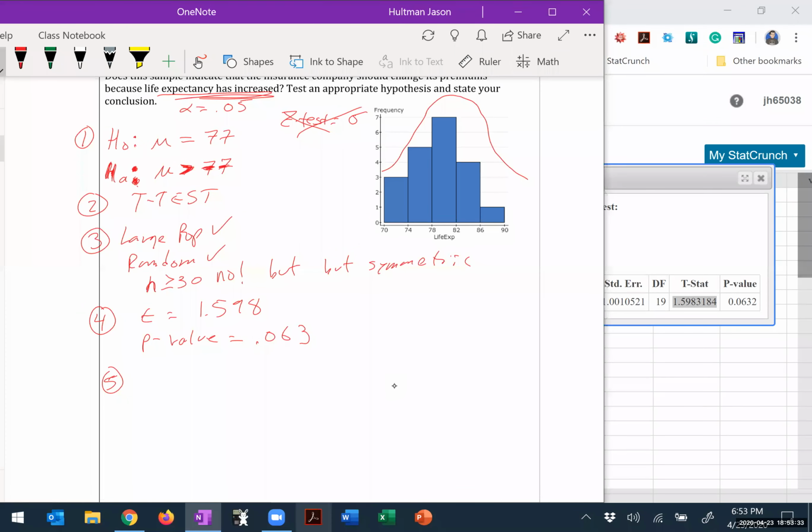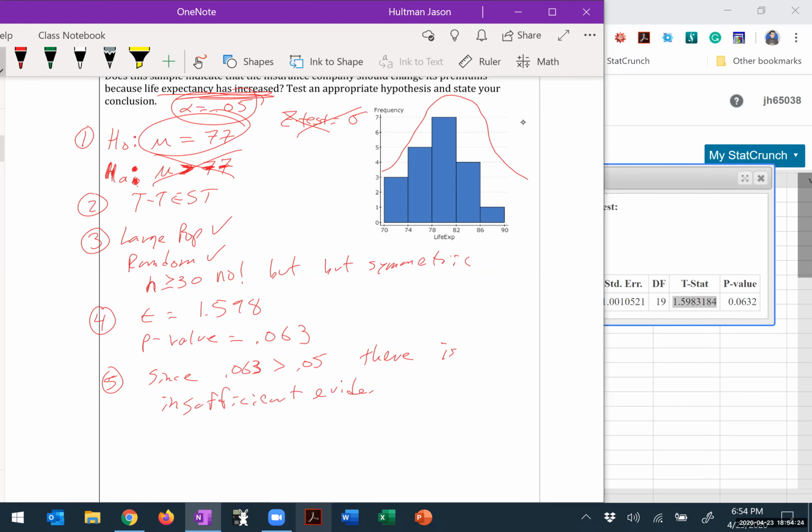Since 0.063 is greater than 0.05, which is our significance level, there is insufficient evidence. Again, we keep the null and reject the alternative. We keep our H0 this time.